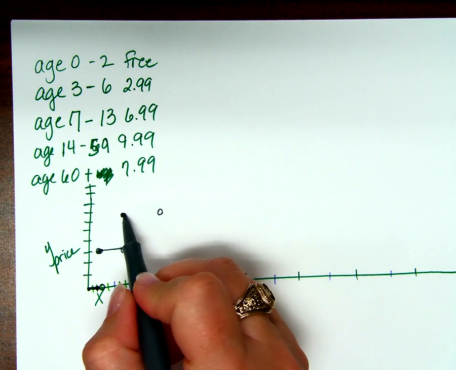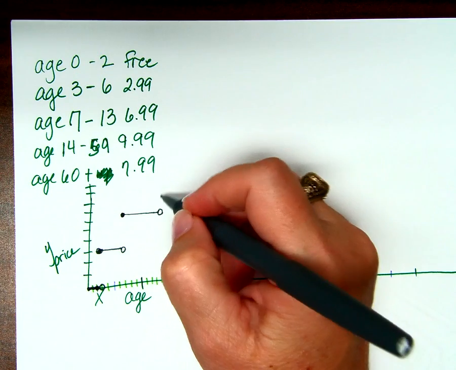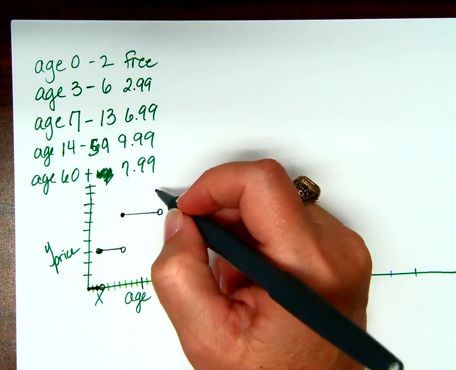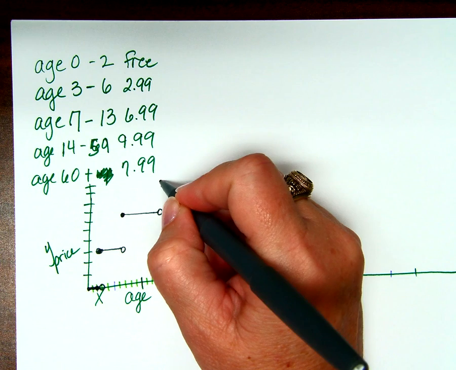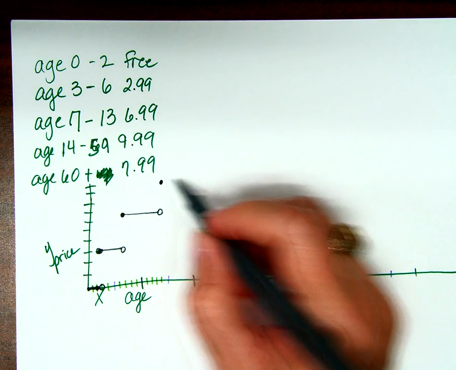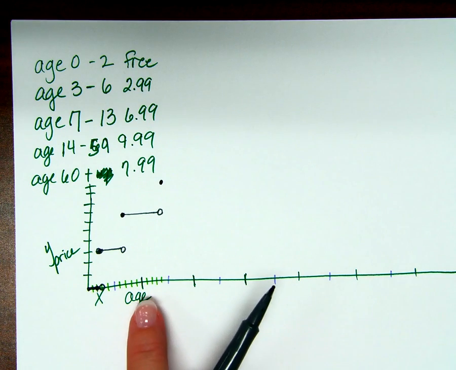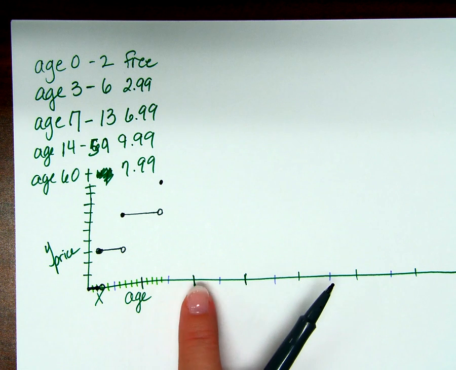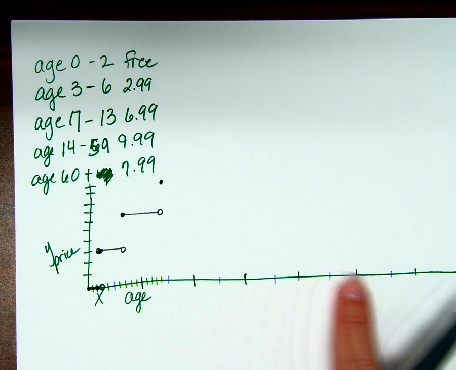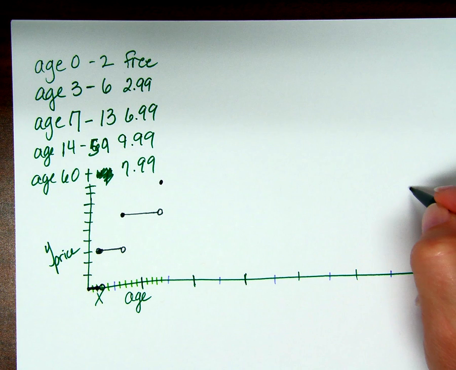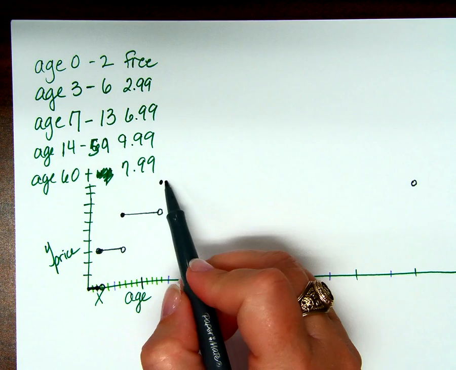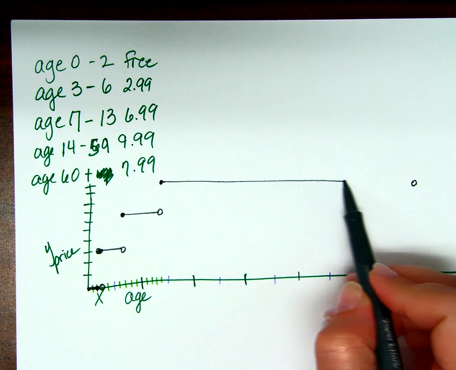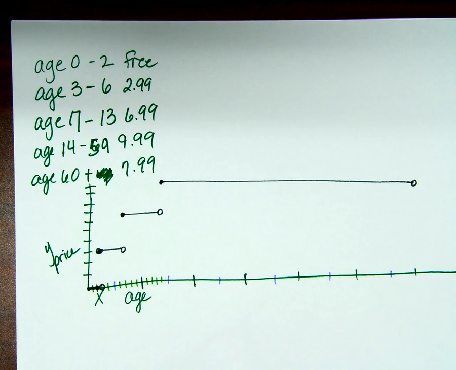But not including 14, because 14 they pay $10. And they pay that all the way till 60. 1, 2, so 10, 20, 30, 40, 50, 60. Oh, I made it nice and easy. Like that, right?